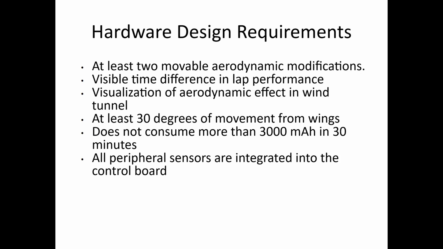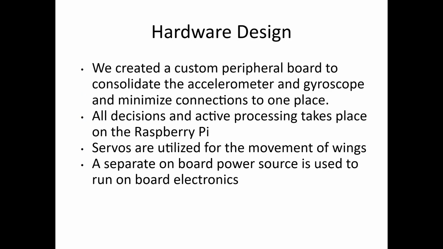And we wanted all peripheral sensors and everything integrated into the control board, so nothing standalone, everything integrated into one circuit. We created a custom peripheral board, which you saw on the previous slides. That way we could consolidate our accelerometer and gyroscope and all of our connections into one single board, and minimize the cable runs we had to do.